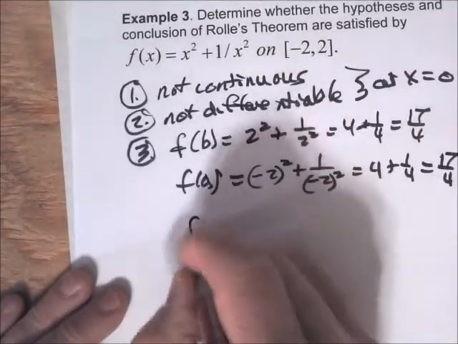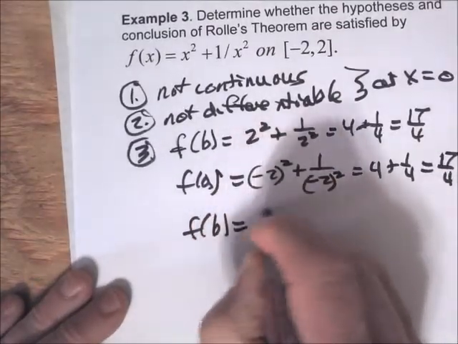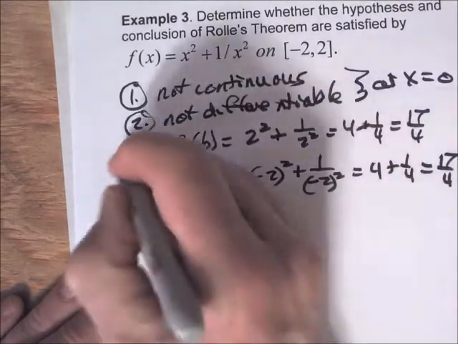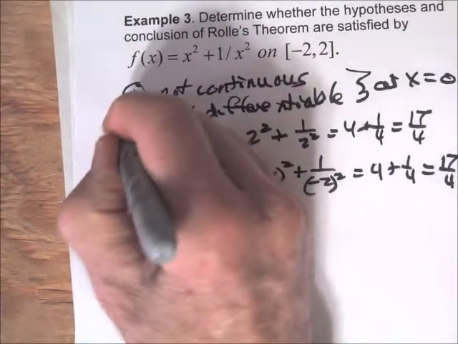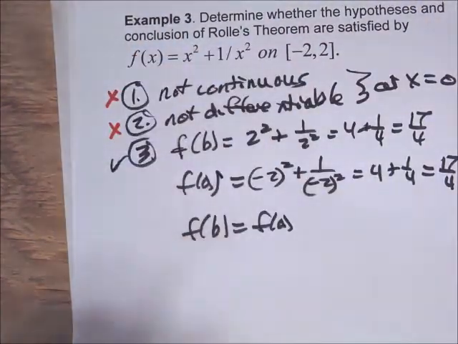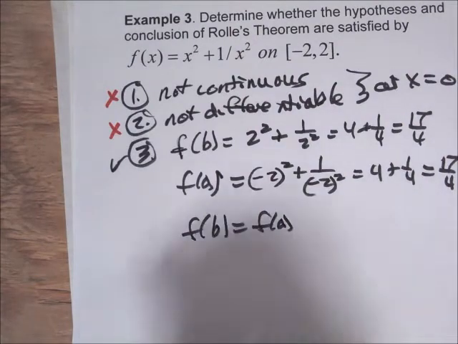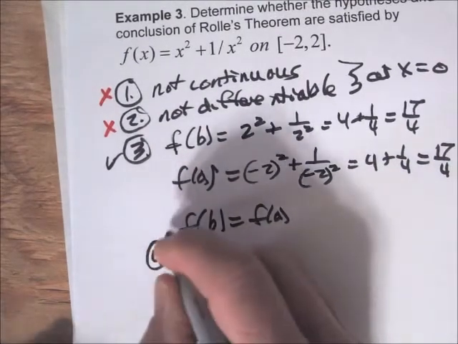So f of b is equal to f of a, so that condition is satisfied. The continuity and differentiability are not, and the conclusion may or may not be true. So we're going to find out.